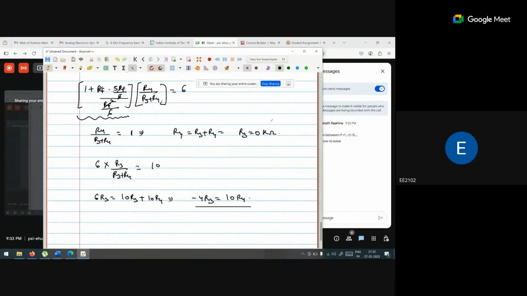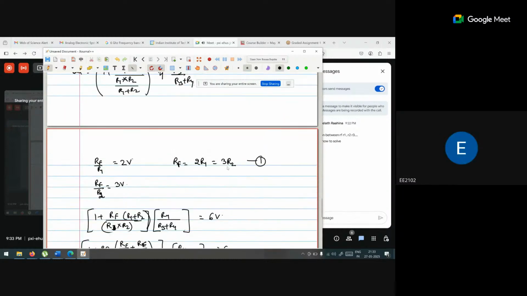Because if R3 is 0, that means R4 is also 0. So the question is random, so that's why you are getting this problem. But from this way, we can calculate the value of R3 and R4. Okay, yes, sir.